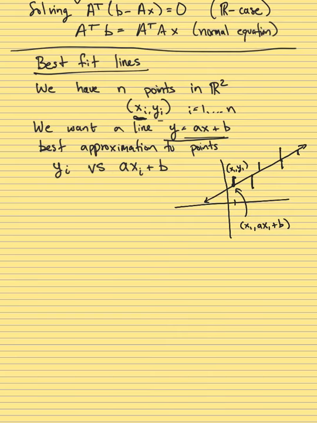So I want to look at the quantity, and here it's more typical to minimize the square rather than the terms. So I'm looking at the sum of a plus bxi minus yi squared, and this is what I want to minimize.